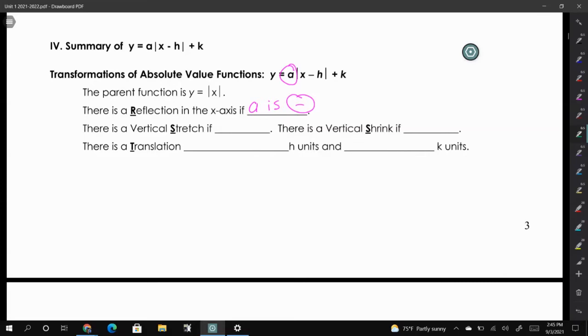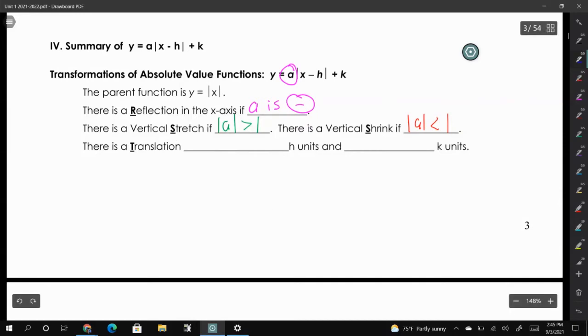Well, a vertical stretch happens if the absolute value of that a value is greater than 1. So if it was a 5 in front, you would have a vertical stretch. If it was a -3 in front of the absolute value brackets, that would still be a vertical stretch. A vertical shrink happens when the absolute value of that a term is less than 1. So 0.5, -2/3, you would have a vertical shrink.